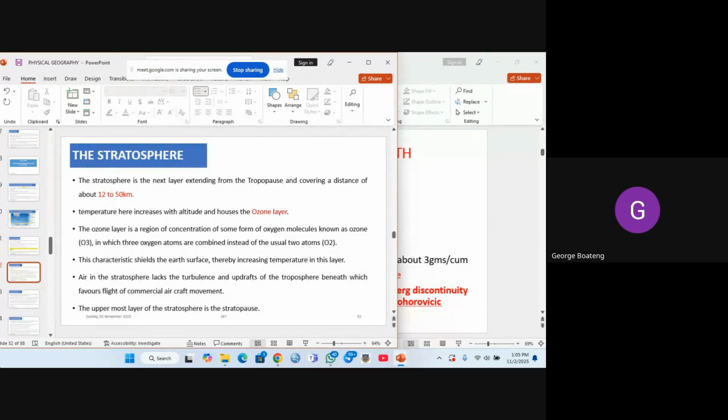Meaning there's no cloud formation and others here. Therefore, there's no rainfall and no visibility problem. Visibility is very clear.